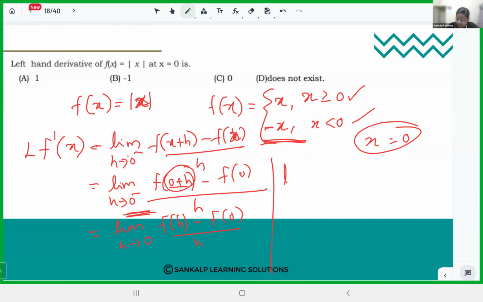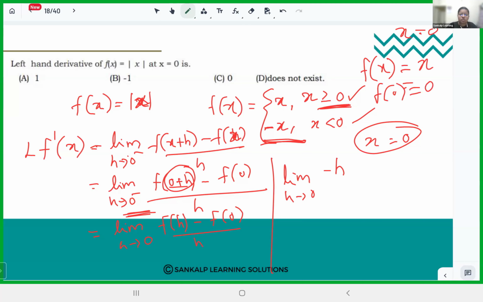So this is equal to limit h tends to 0, f of h is minus h because it is the left hand derivative. And what is f of 0? You put 0 in the place of x. f of x is equal to x when x equal to 0, which means f of 0 is equal to 0.